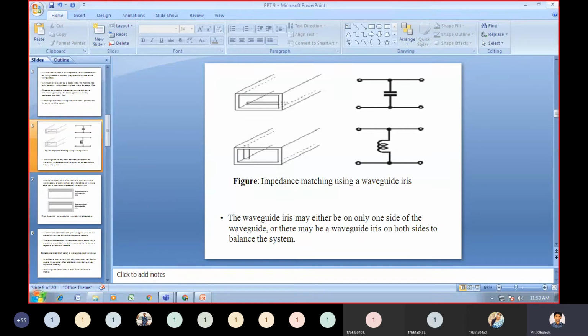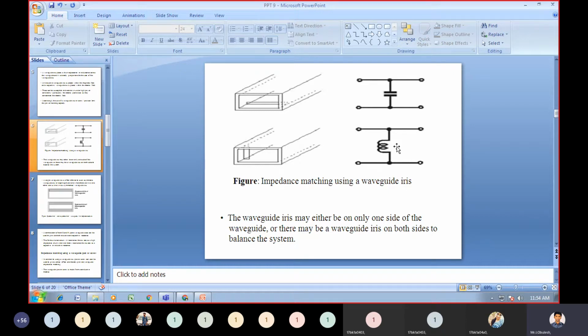So this is impedance matching using waveguide irises. See from this diagram what we have. This is the capacitive waveguide iris, and this is the inductive waveguide iris. If you want to keep an inductive waveguide iris, you need to prefer only the magnetic field.